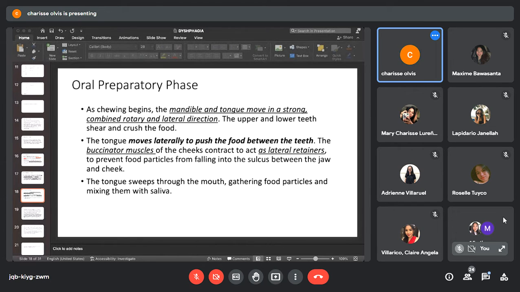Okay, because it's usually the tongue that cleans out the upper oral structures before the actual swallowing, to make sure that everything that entered has formed into a bolus. Okay? So, the tongue sweeps through the mouth, gathering food particles and mixing them with saliva. Clear? Questions?